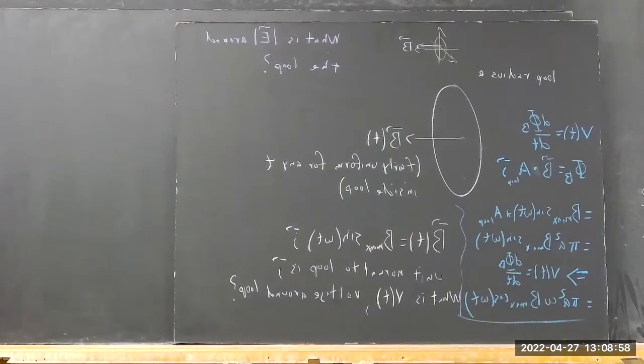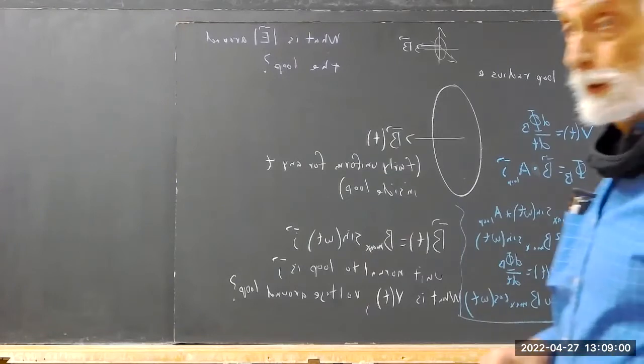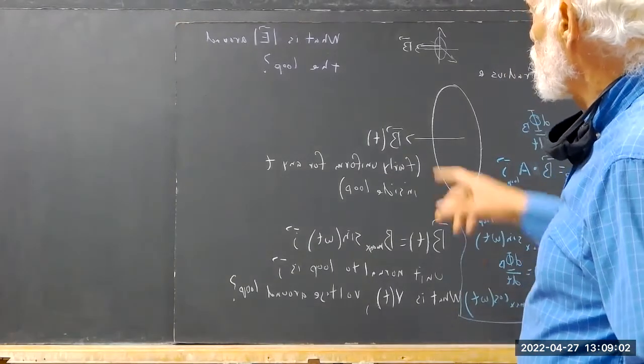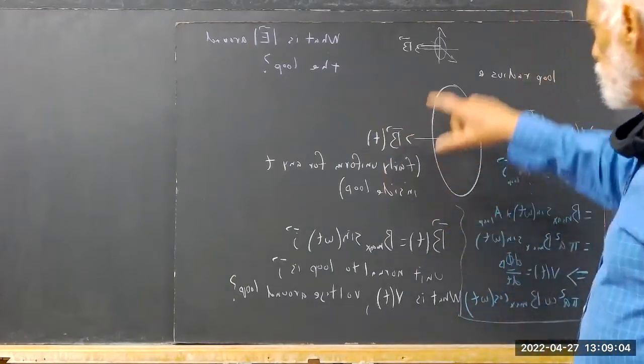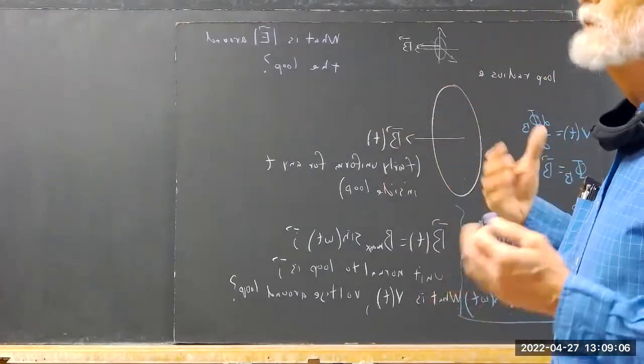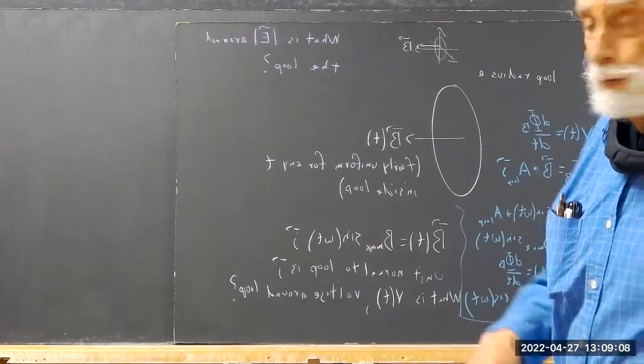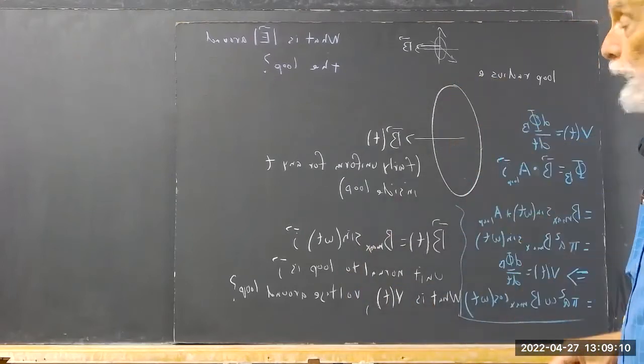Again, I didn't have to give any hints. The electric field around the loop, well, the potential difference around the loop, but I'm going to gloss over the symmetry argument, because the symmetry is pretty obvious here.